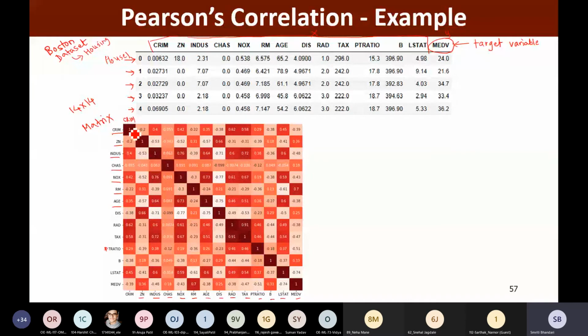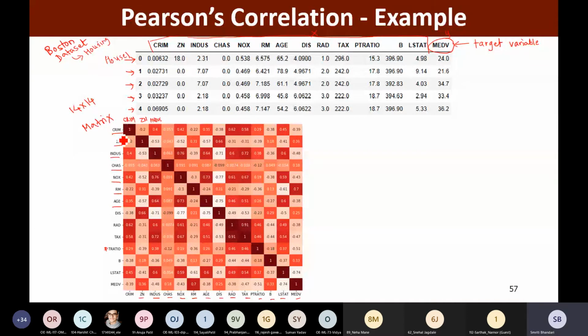So this is my CRIM first, right? This is ZN, this is Indus, and so on. The correlation between CRIM and CRIM is 1. They are highly correlated, they are the same.